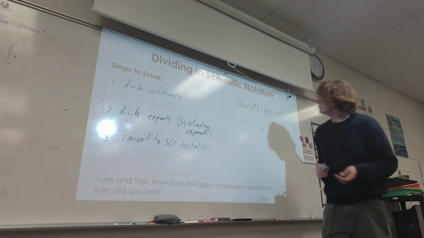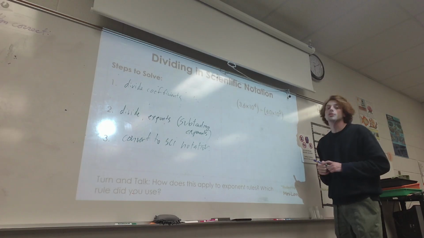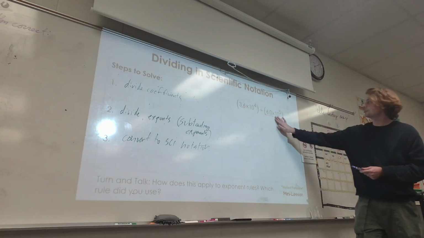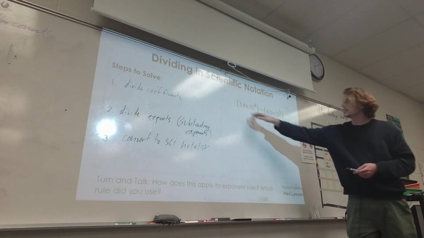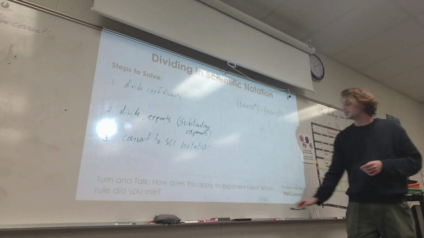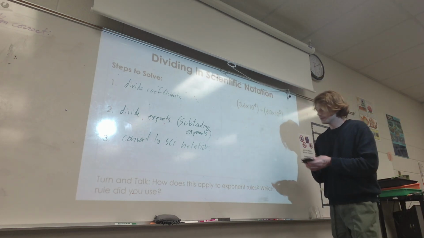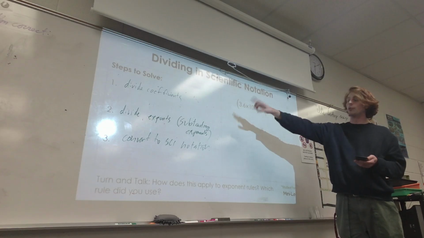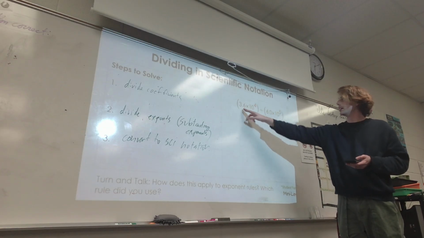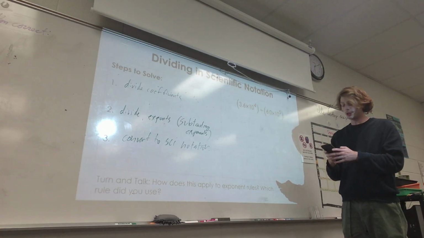Okay. So I have this problem. I have 3.6 times 10 to the 4th divided by 6.0 times 10 to the 5th. All I do is I say, okay, step one, divide coefficients. I have 3.6 and 6.0.